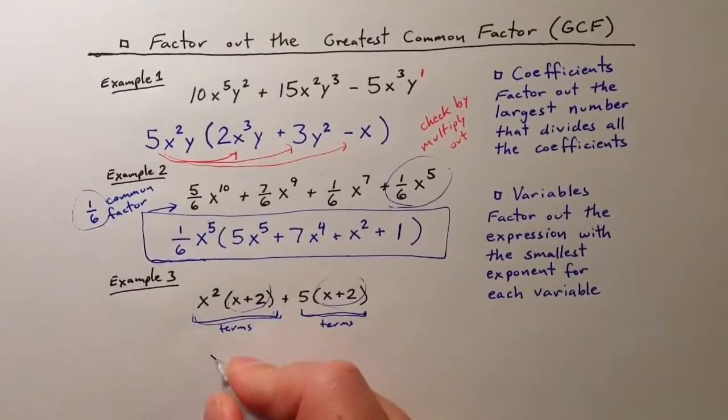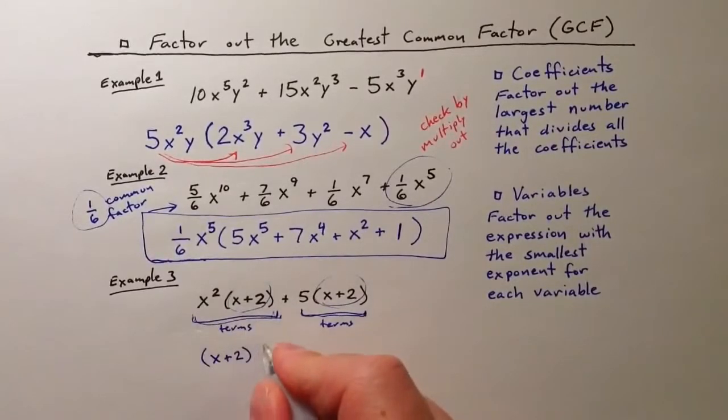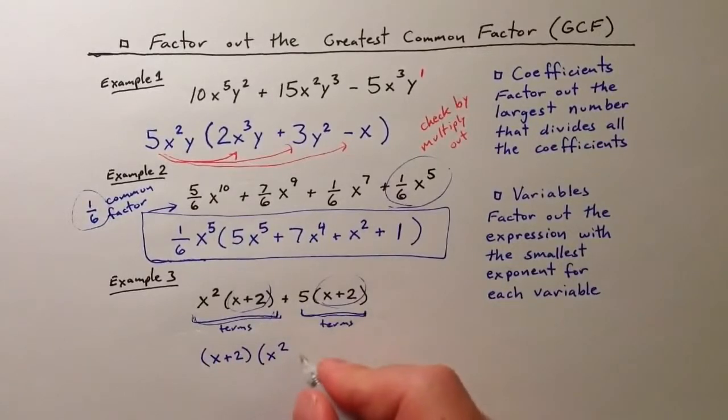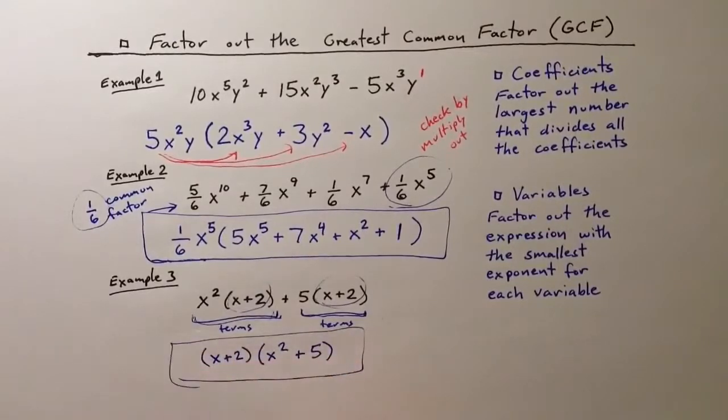If I factor that out, let's think about what's left behind. The first group has x plus 2 times x squared, and the second group has x plus 2 times 5. And so what's left behind is x squared plus 5. So this would be a factorization of the upper expression.